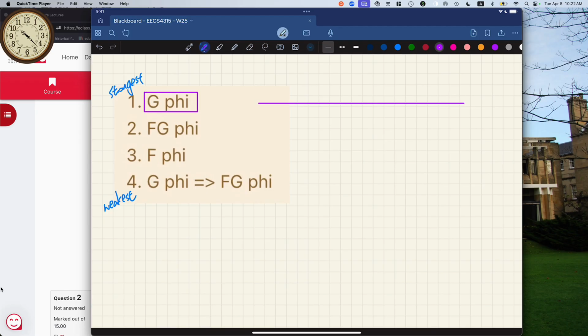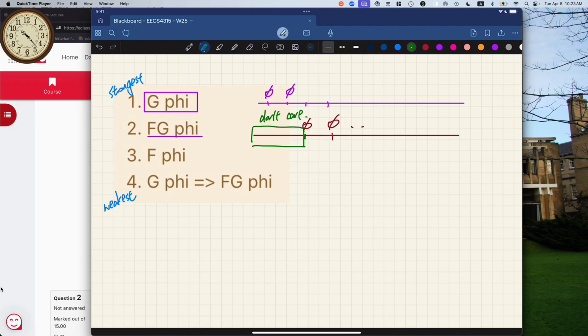We are requiring that every state must satisfy phi. And then this one here is slightly weaker because we're saying that at some point in the future, for example, maybe only starting from the third state, we're going to satisfy phi. In which case, what comes before, we don't really care. So that's why that one is weaker.